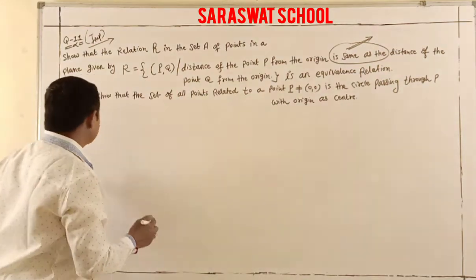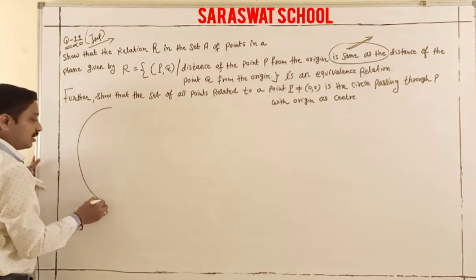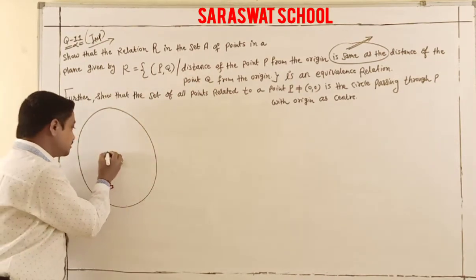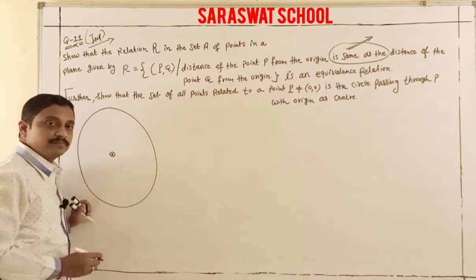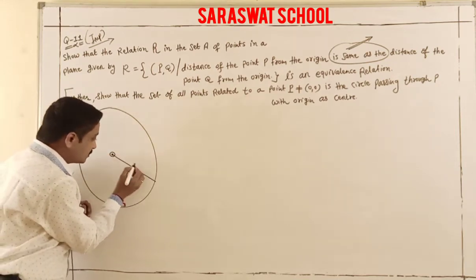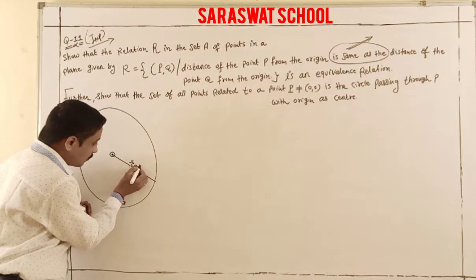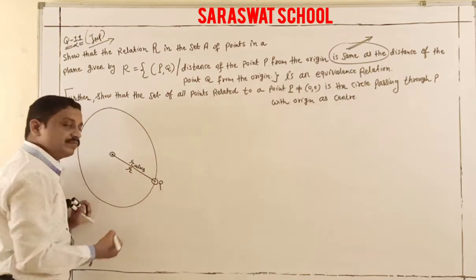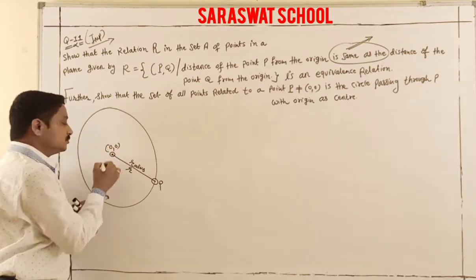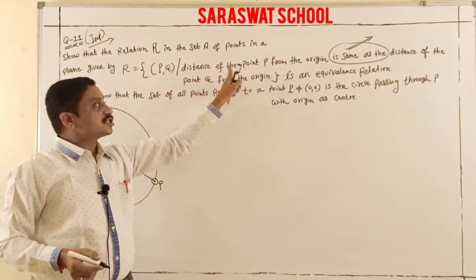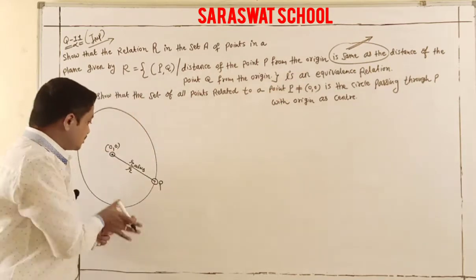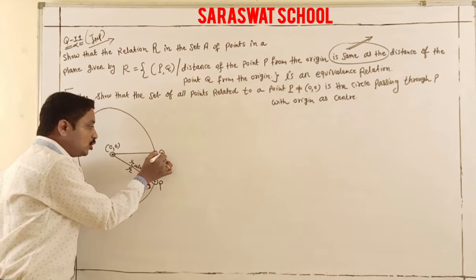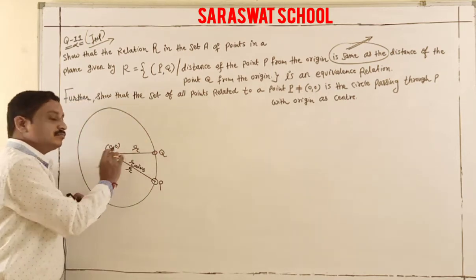Yes students, first of all I show you one circle. You know a circle has two main parts, one the center and one the radius. This radius is considered R. So here I consider one point P, and here your center (0, 0). Check: the distance of P from the origin is this, the same as the distance of P from the next point Q. Both are the same.